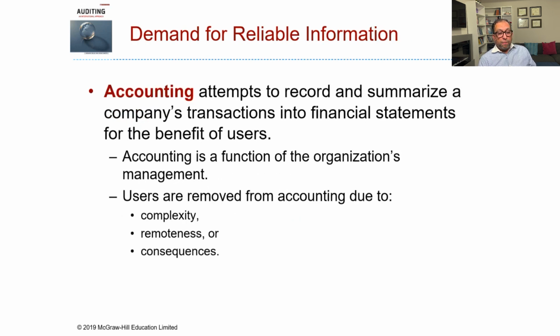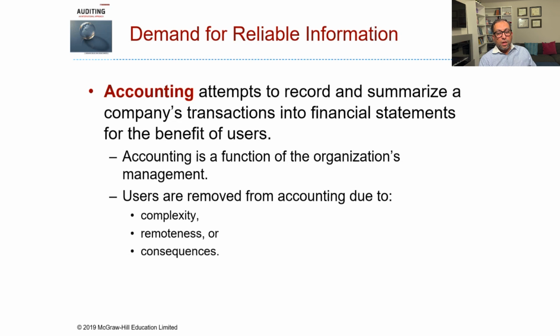Now, in the beginning, we mentioned that we will distinguish between accounting and auditing. Accounting attempts to record and summarize a company's transactions into financial statements for the benefit of users. So their job is to record and summarize whatever is happening in the business financially.